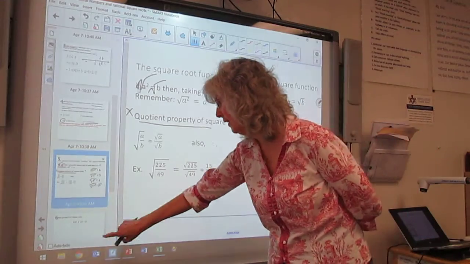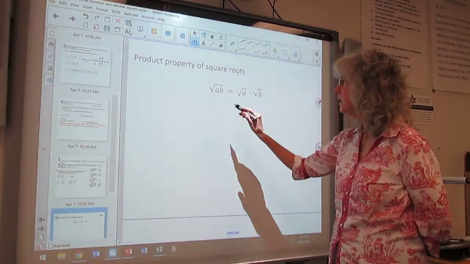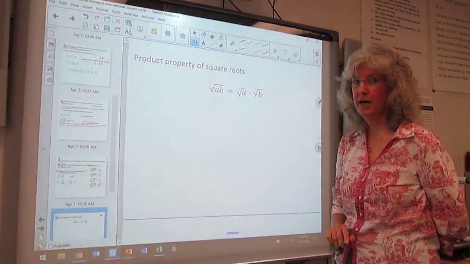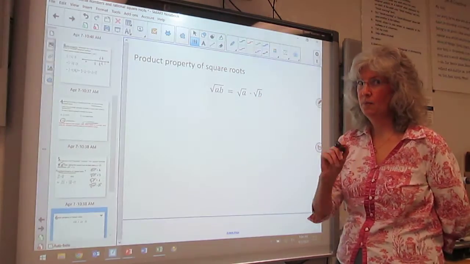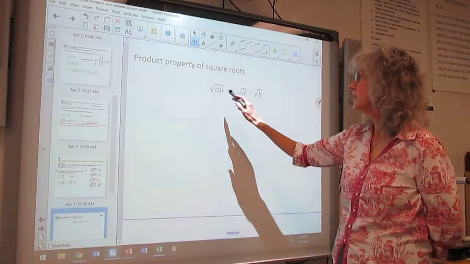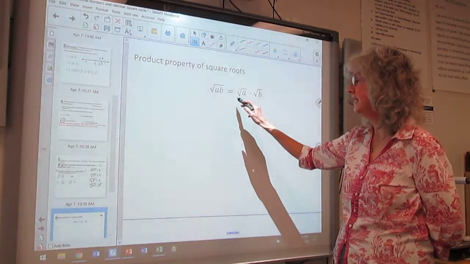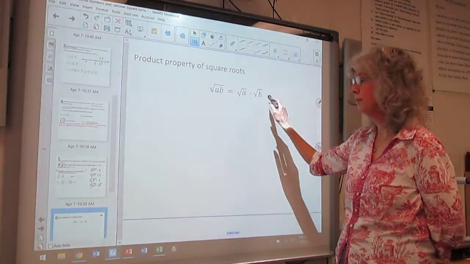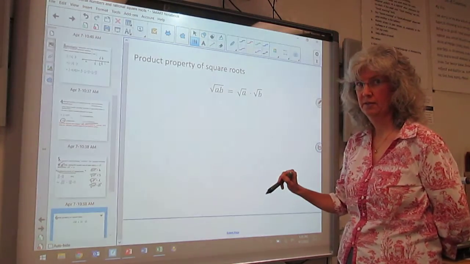Very important property. Well, there's also, you guessed it, a product property. The square root of a product is equal to the product of the square roots. Let me say that one more time. The square root of a product is equal to the product of the square root of the factors.